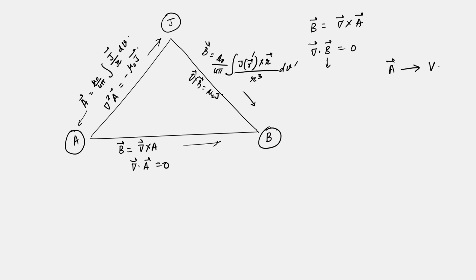So, it is a similar triangle that we have seen earlier, and as I said, these are the analogous quantities. So, we also have the Biot-Savart law, which is analogous to Coulomb's law.